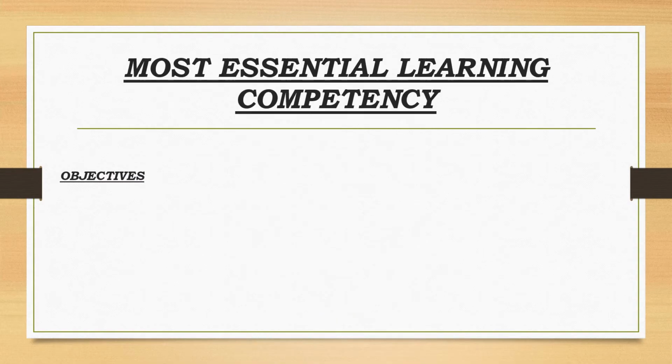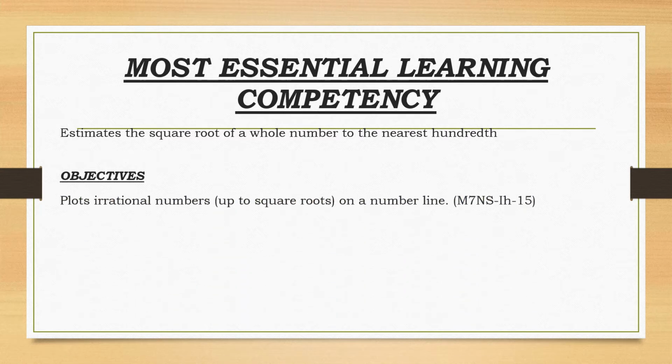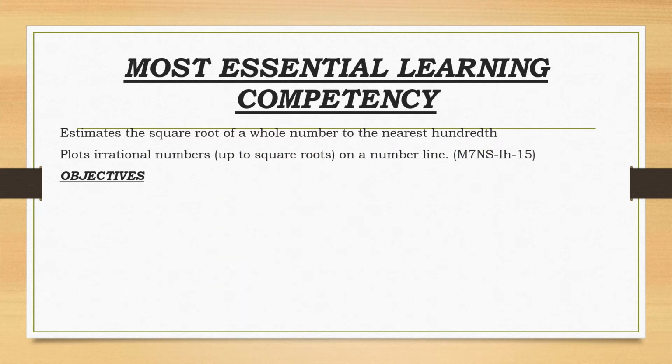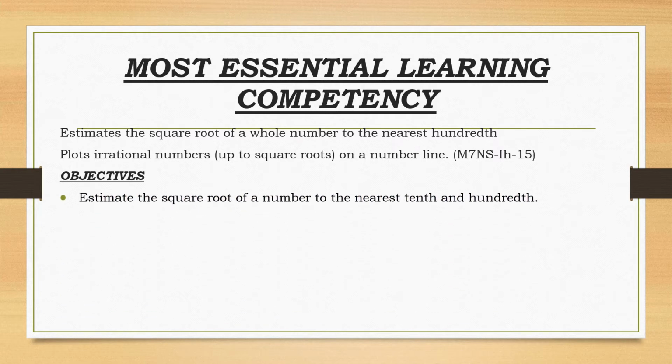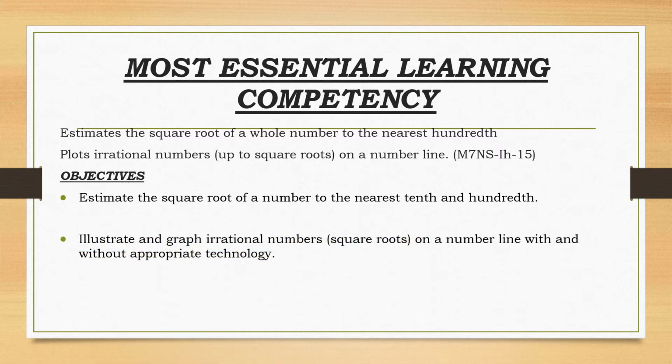So here is the most essential learning competency. Estimates the square root of a whole number to the nearest hundredths and plots irrational numbers up to square roots on a number line. Then our objectives: estimate the square root of a number to the nearest tenth and hundredths.